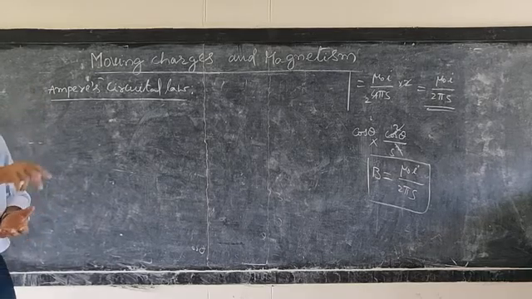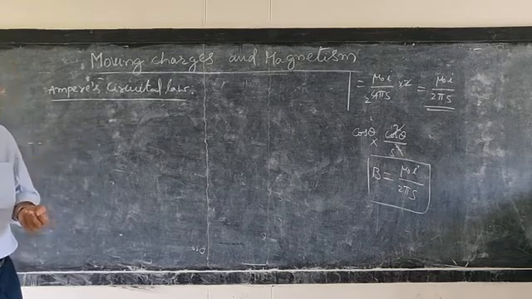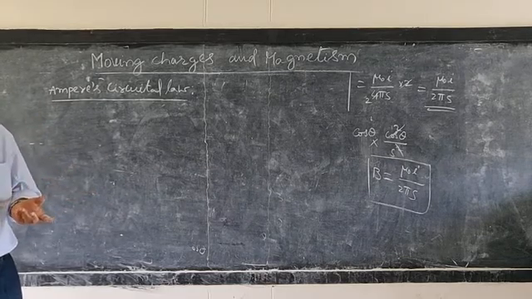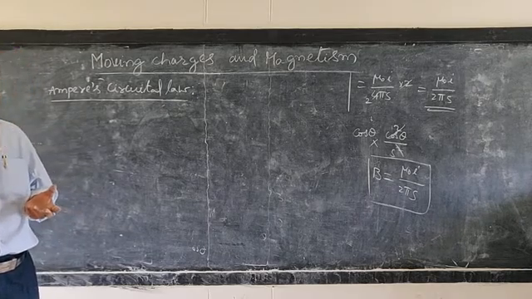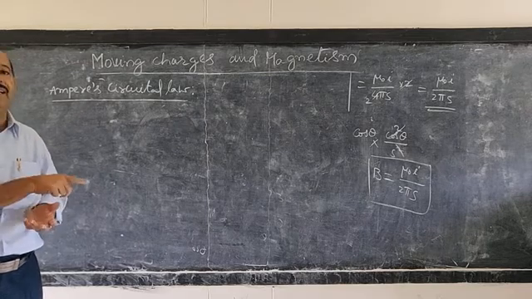So we take the summation of the elemental paths in the magnetic field. Whereas in Biot-Savart's law, we put the summation of elemental lengths of the current carrying conductor. That is, we sum over the current elements.